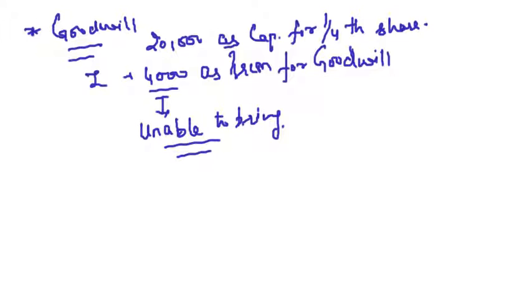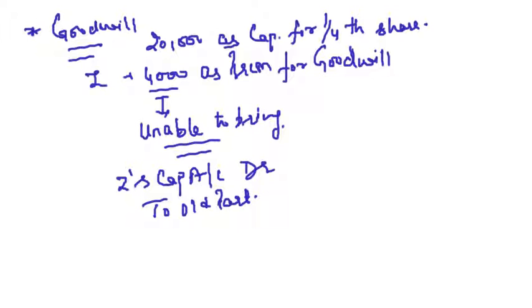We pass the journal entry as Z's capital account debit to old partners' capital accounts. Now Z's capital account will be debited by 4,000 and old partners will divide this 4,000 in sacrificing ratio. Clear? This much is clear.